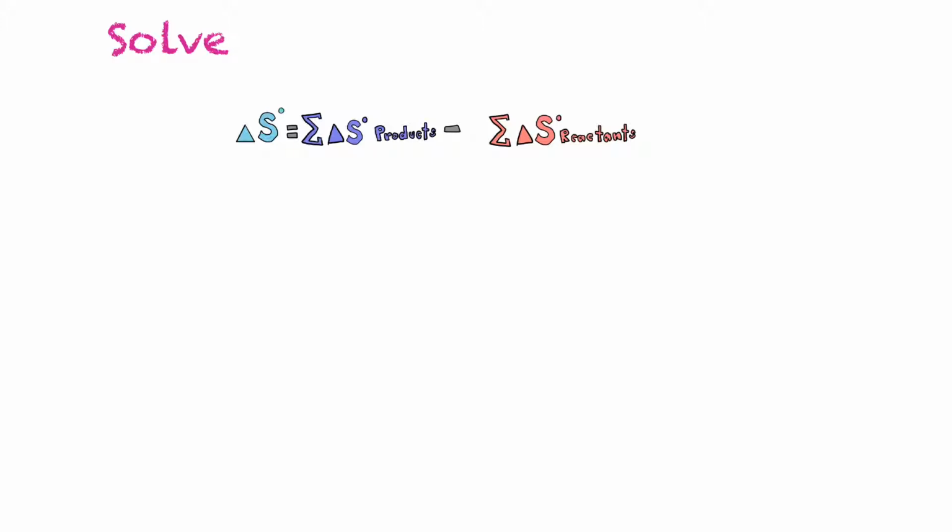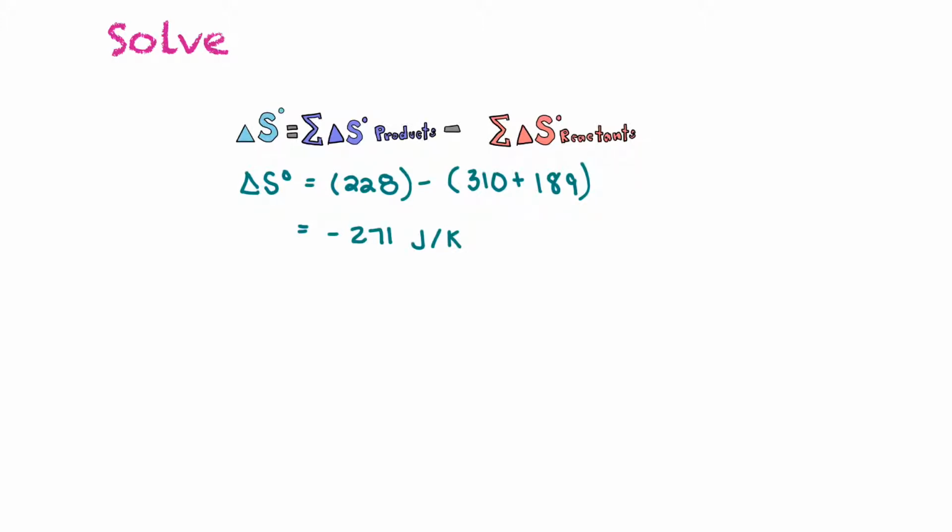So delta S is equal to, using those values from the last slide, 228 for the butanol minus 310 plus 189, and that's equal to negative 271 joules per kelvin per mole. Now remember, this value is negative, so that tells us that there's been a decrease in entropy in this reaction.